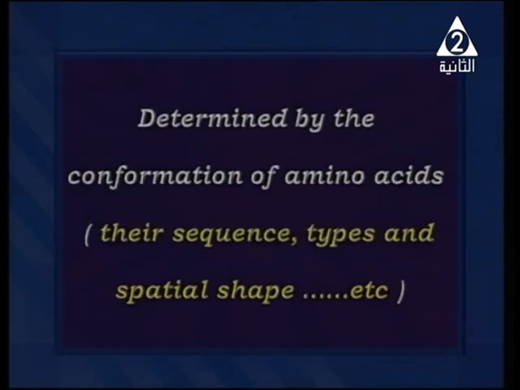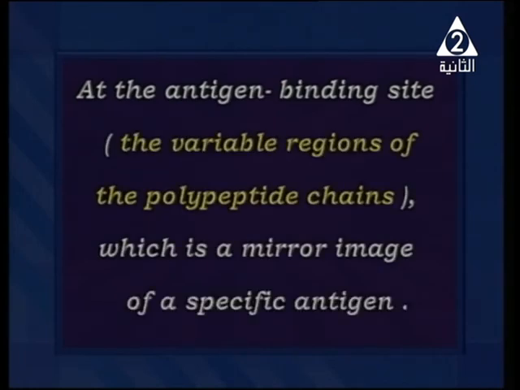It is determined by the conformation of amino acids, their sequence, types, and spatial shape. At the antigen binding site, the variable region of the polypeptide chains is a mirror image of a specific antigen. As we said, it looks like the lock and its key.